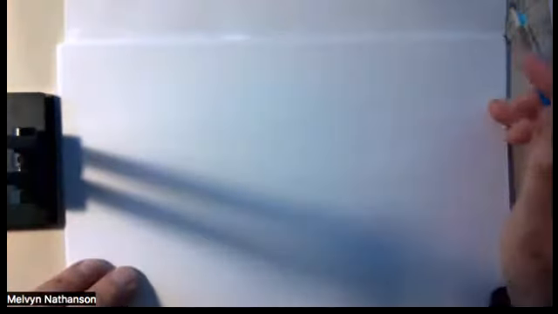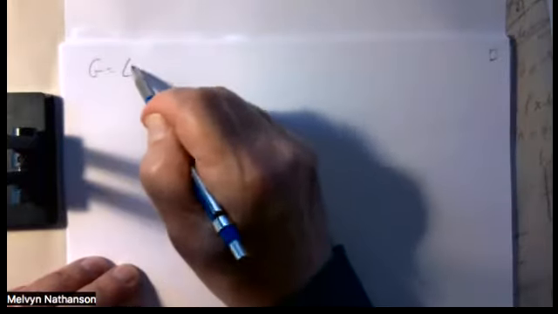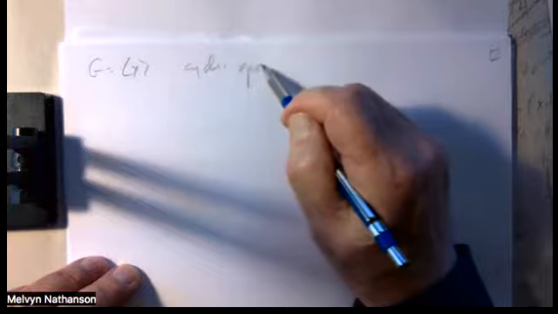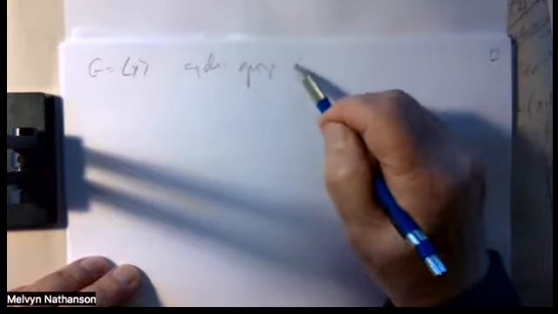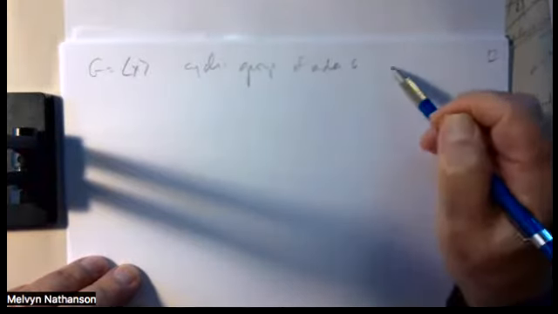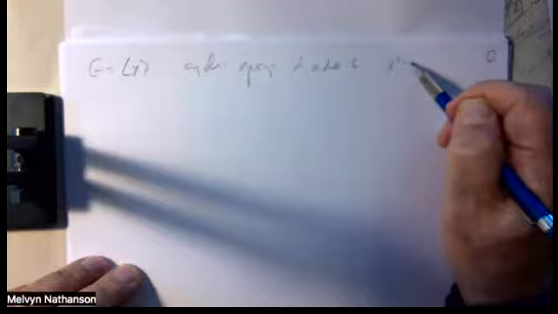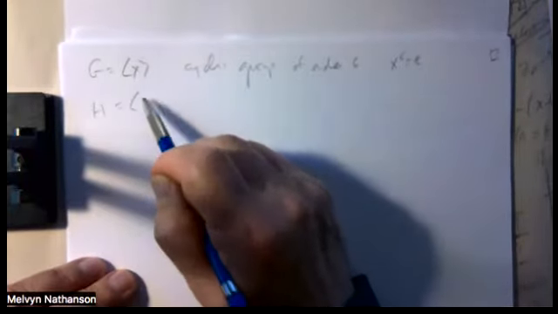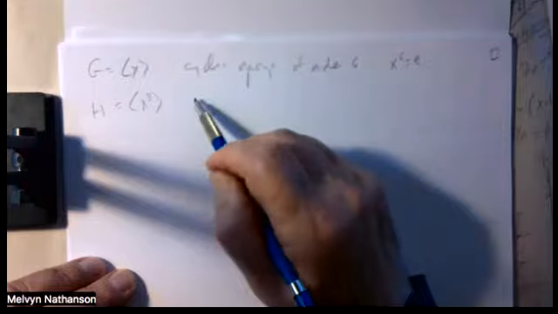Let's look at another example with the same group. So suppose G is, again, the cyclic group of order 6. So x to the 6 is the identity. And now suppose I let H be the subgroup generated by x cubed.